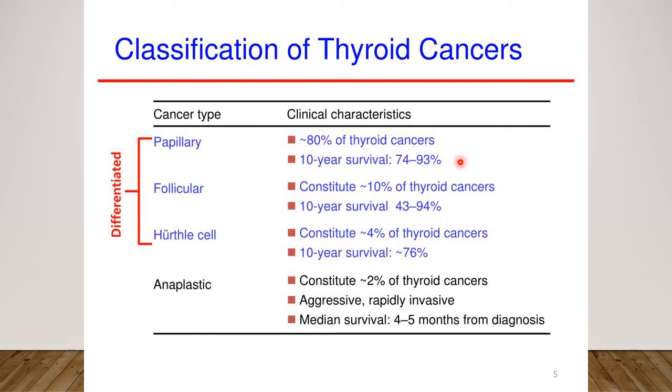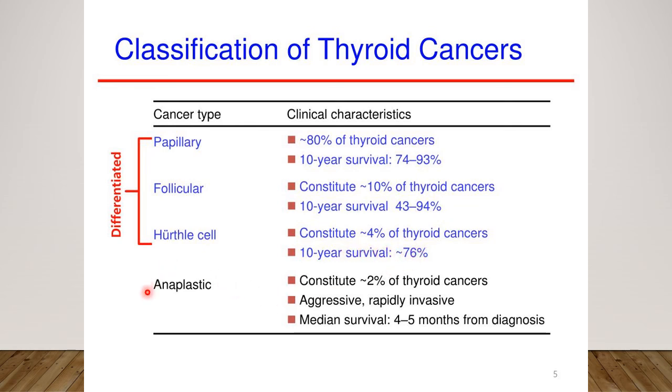In fact, many of us are talking about cure rather than survival rate. Follicular carcinoma, which consists of about 10% of thyroid cancers, has a 10-year survival rate of 43 to 94%. Its Hurthle cell variant, which constitutes about 4% of the thyroid cancers, has a 10-year survival rate around 76%.